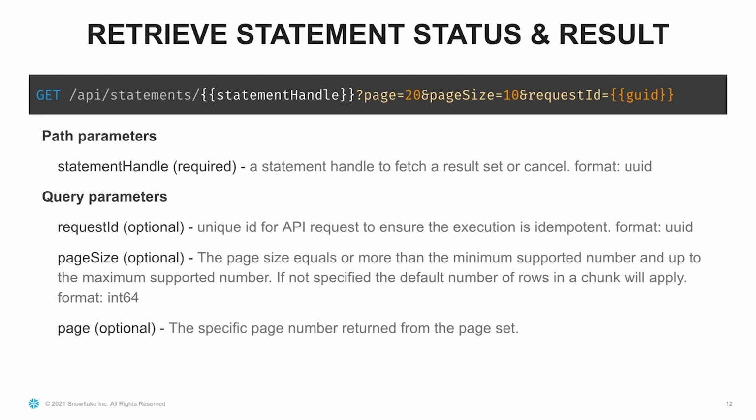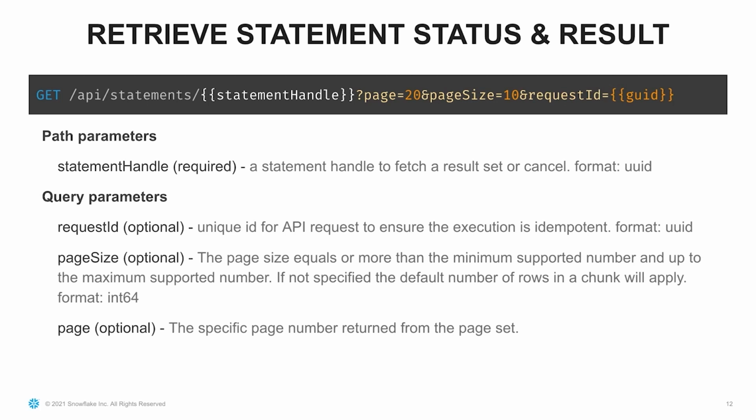So in this case, you might be polling at a certain interval until that statement has completed, waiting for the results to happen, right? And so this is useful when you might have a very large result set or a query that takes a long amount of time to execute.